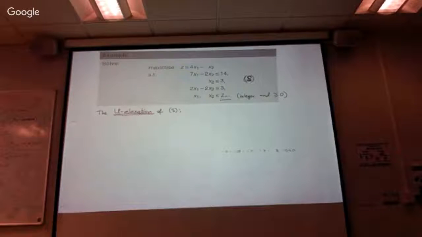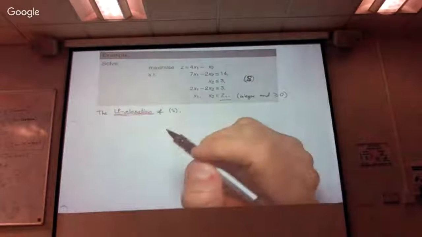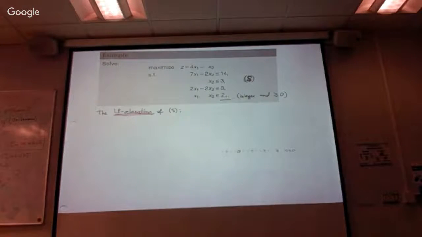So what is the LP relaxation of this problem? Yes, exactly. If you like, you get rid of the integrality or the integer constraint, and you just solve a linear program. That's why it's called an LP relaxation.